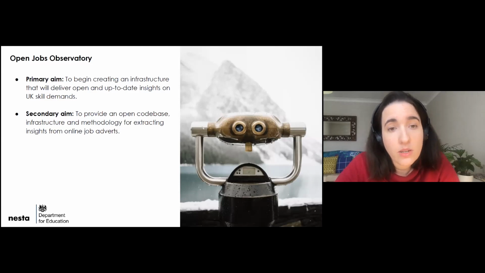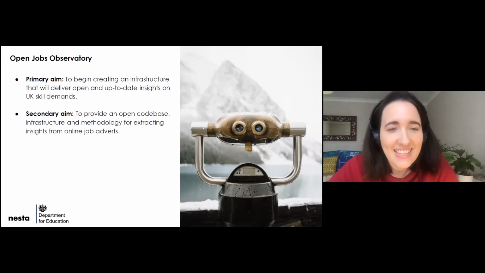Crucially, we want to make those insights open and accessible to all. The secondary aim is to begin to create an open code base for cleaning, processing and analysing job adverts, something that others can use and hopefully add on to and improve. This project is jointly funded by Nesta and the Department for Education.